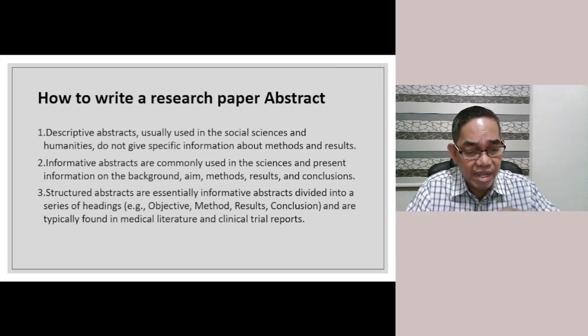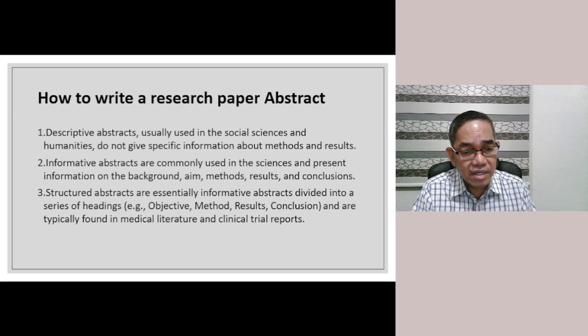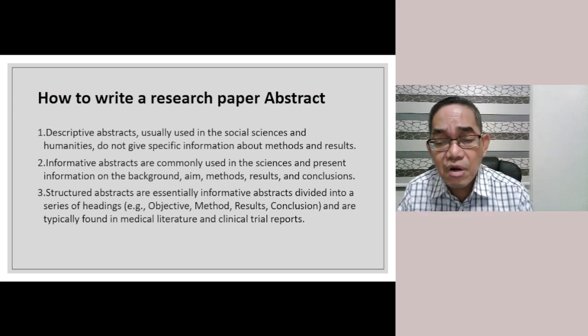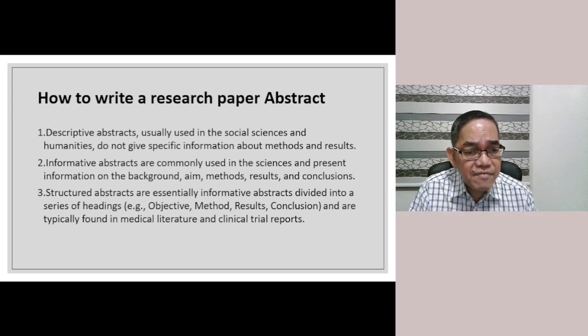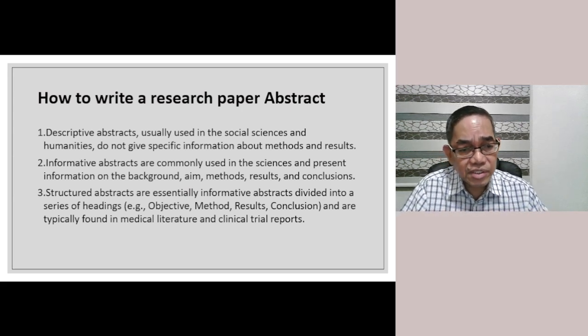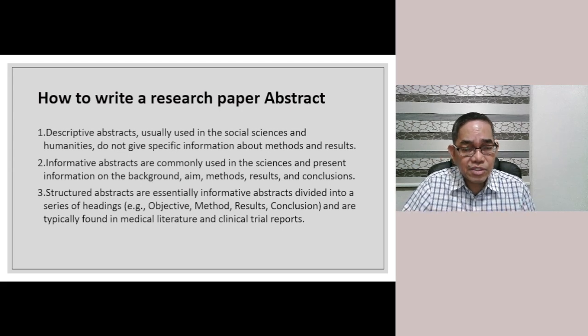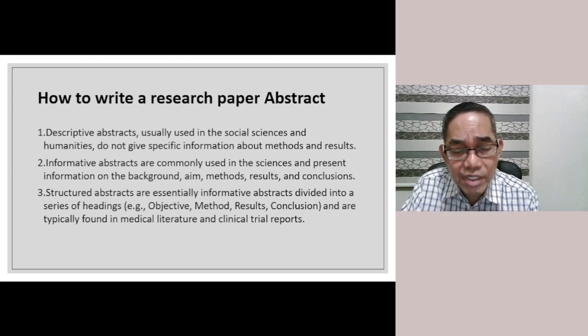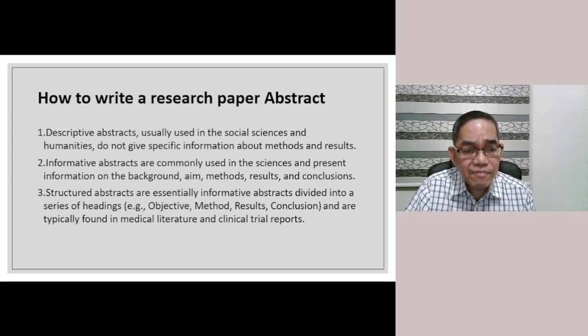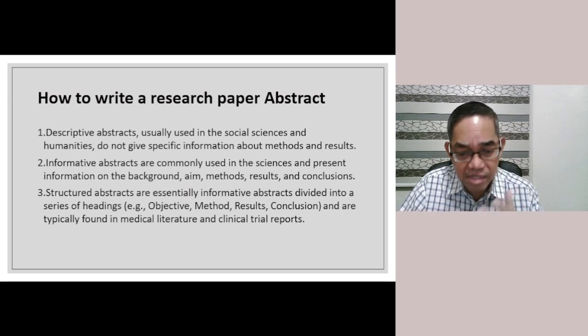So we have subheadings there: headings for objectives, methods, results, and conclusion, and are typically found in the medical literature, clinical trial reports. So medical journals normally use structured abstracts. And when you write your paper later on, you will have to write a structured abstract.